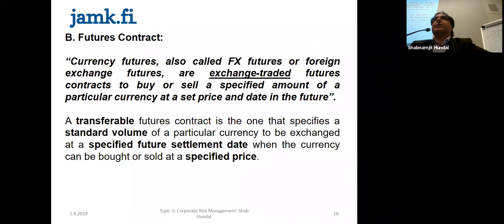But the only thing which makes you different from the forward is that in the forward, you are a genuine business person, investor, trader, exporter, importer. But in futures, you are not really getting anything from Australia.